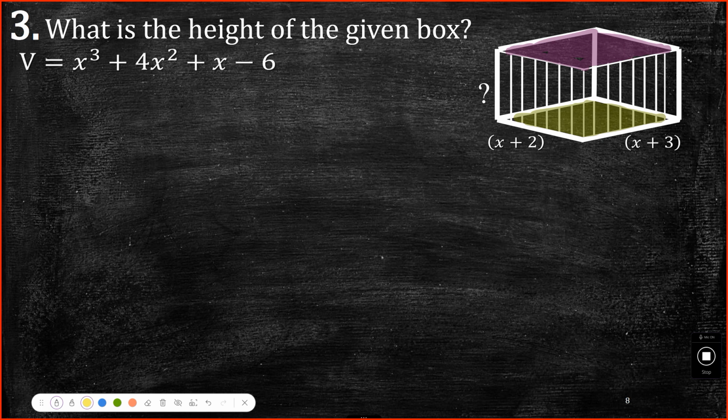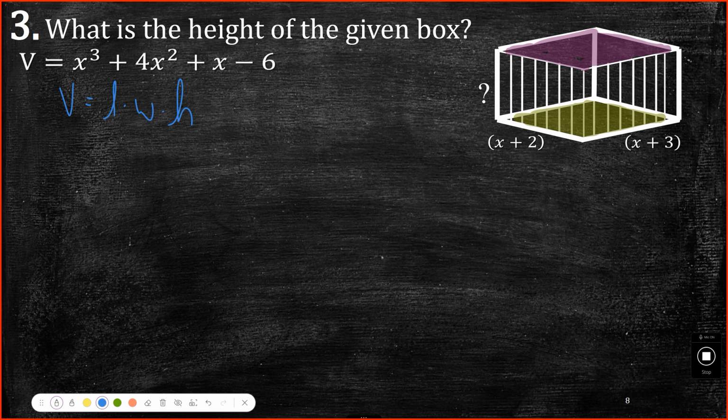What is the height of the given box? We did this already, didn't we? The formula for the volume of a box is volume equals length times width times height. And what we did was divide, and then divide again.